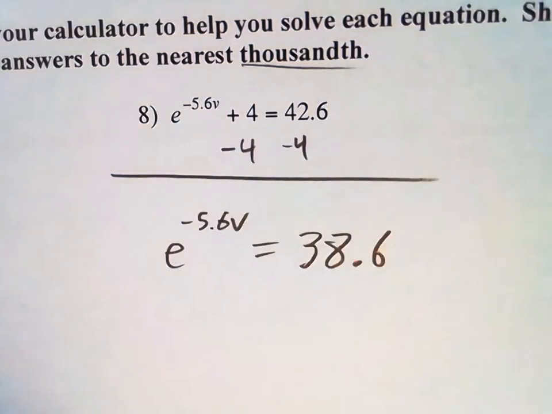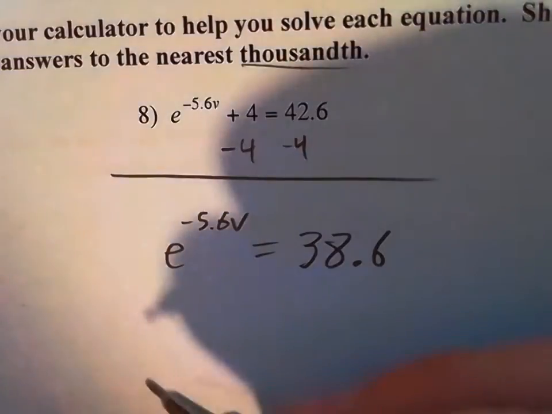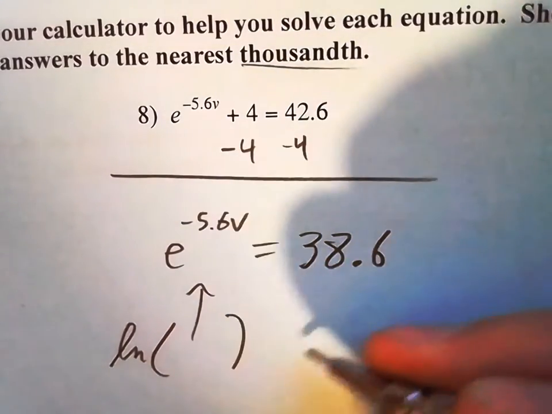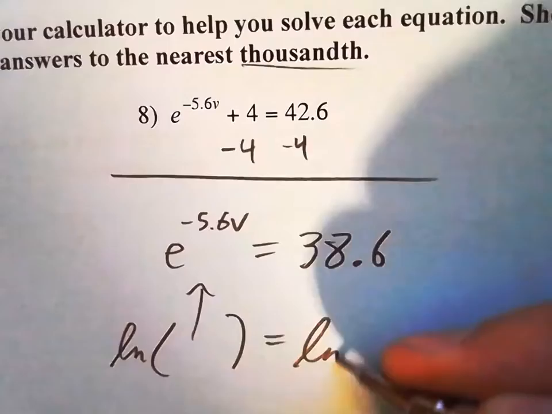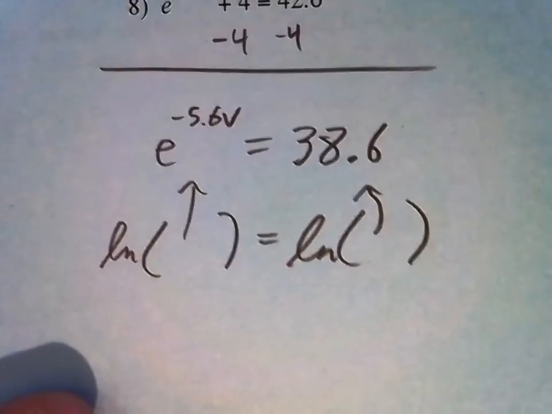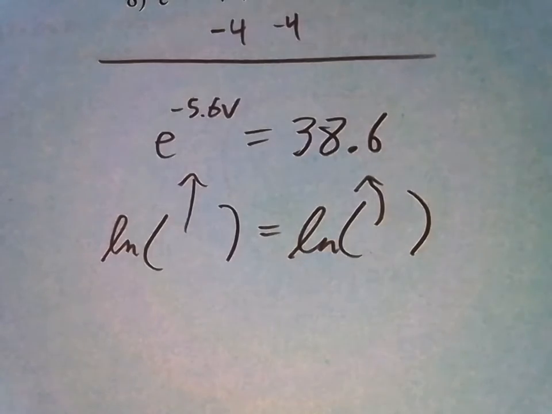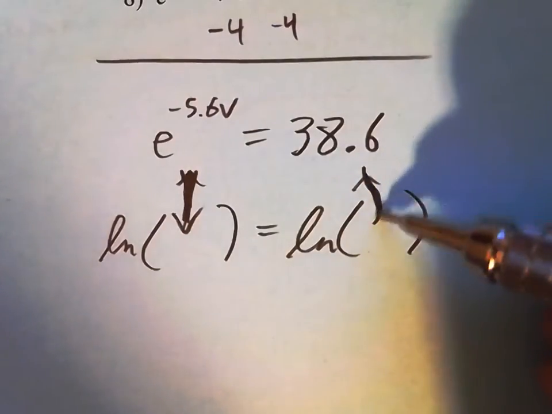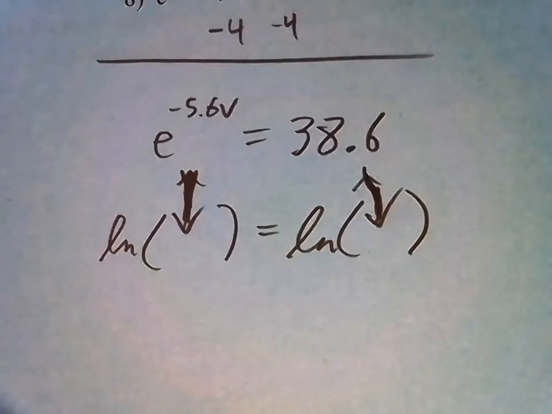Okay, now I'm to the point where I can take natural log of that and natural log of that. I guess I should have the arrow going the other way. Stick that in the natural log, stick that in the natural log.